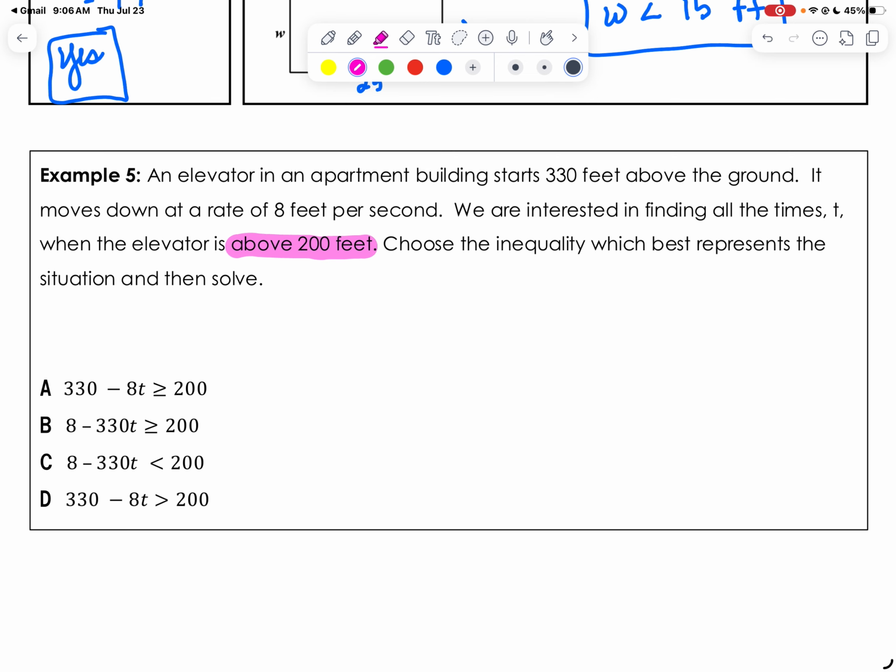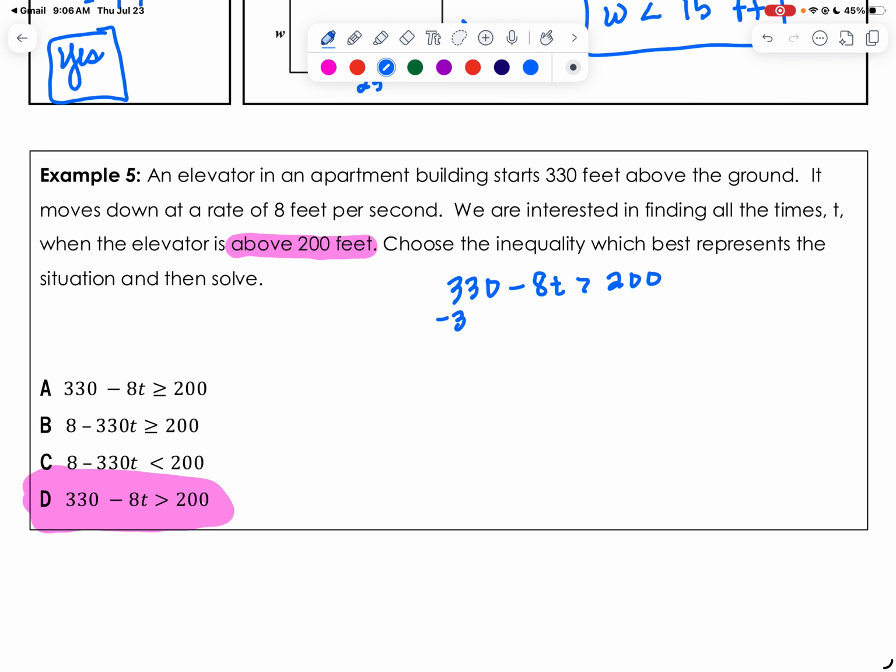All right, welcome back. I chose inequality D. All right, so to solve that, I have 330 minus 8t is greater than 200.